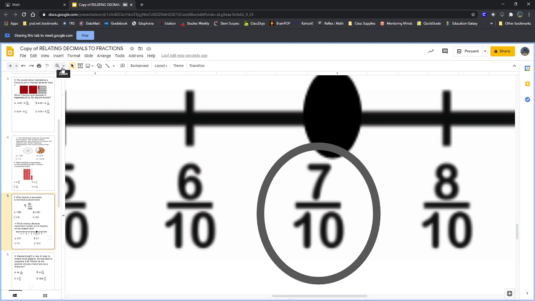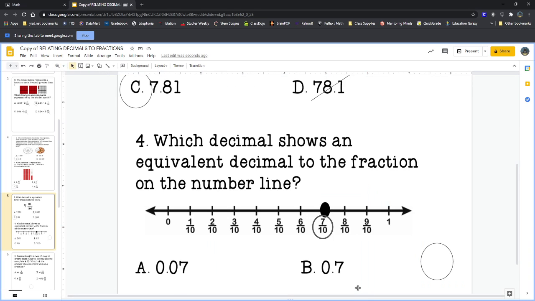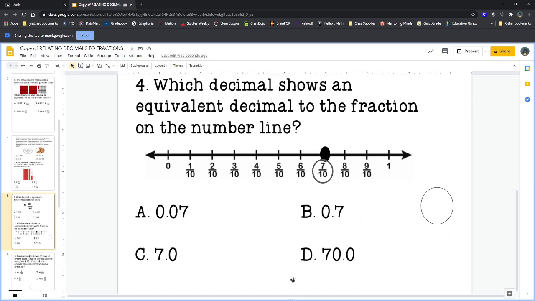So whatever answer choice I pick, I want to make sure that my answer choice is not using the 100th place. There should only be one number behind the decimal. Can I get rid of an answer choice that has more than one number behind the decimal?